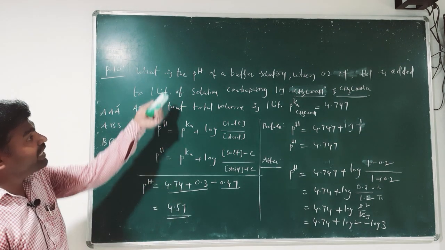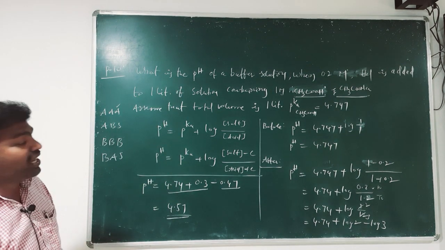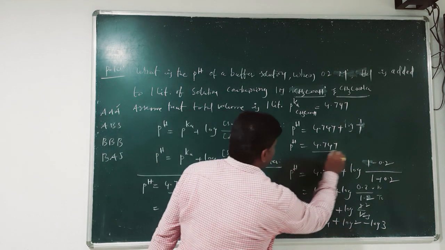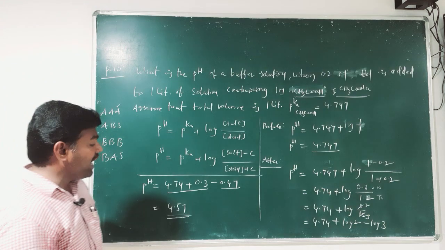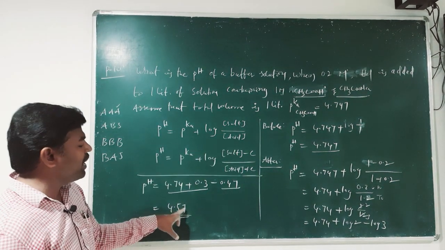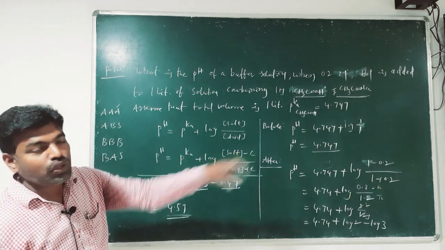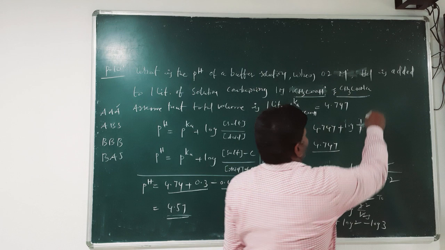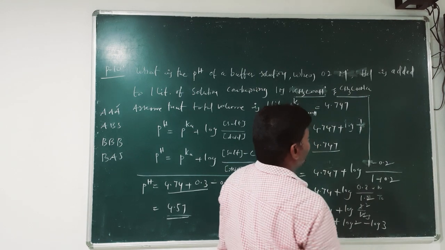From this we can calculate the buffer capacity, because the initial pH is 4.747 and the final pH is 4.57. So the change in pH is 4.74 minus 4.57, which is 0.17.